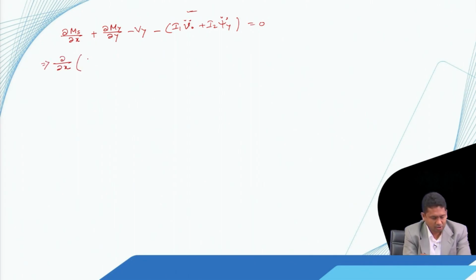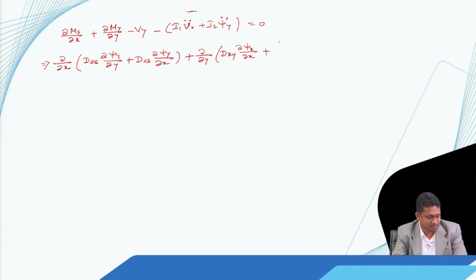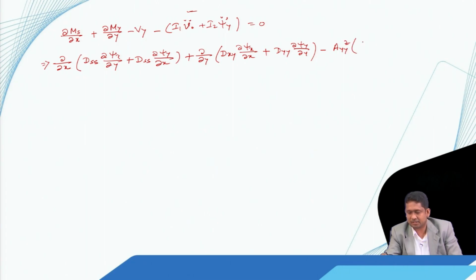del by del x of Dss into del psi x by del y plus Dss into del psi y by del x, plus del by del y of Dxy into del psi x by del x plus Dyy into del psi y by del y, and minus we have Ayz into psi y plus del w by del y, minus I2 into psi y double dot equal to 0.